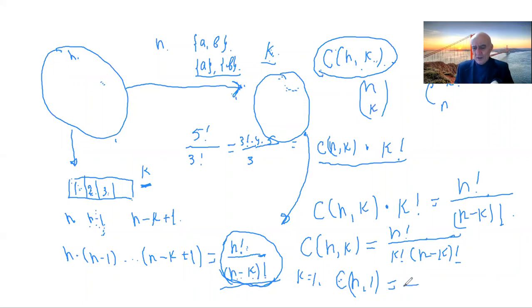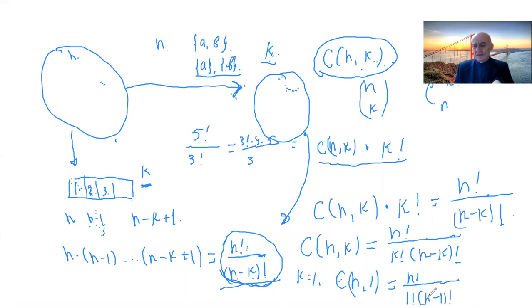In this formula, we have n factorial divided by 1 factorial and divided by (n minus 1) factorial. So 1 factorial is 1, it's obvious.